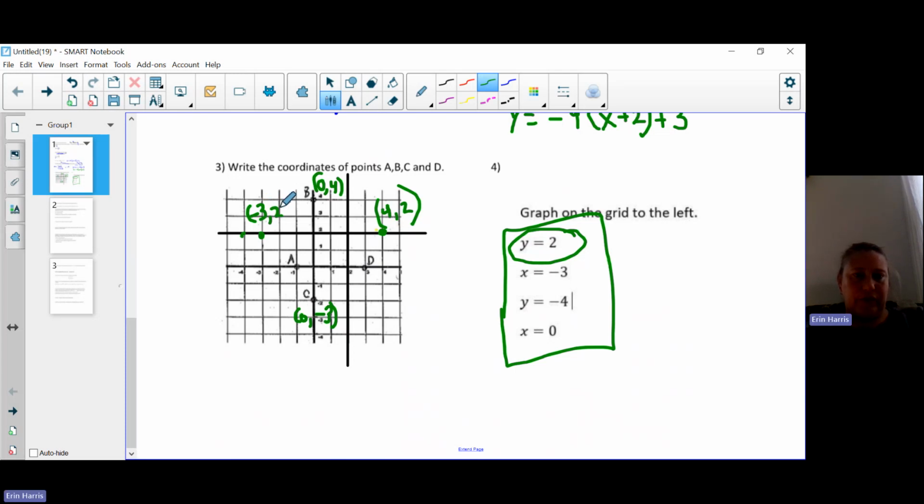Okay, and then we went over to the vertical line and said, well, here's the point 2, -1. And here's the point 2, 4.